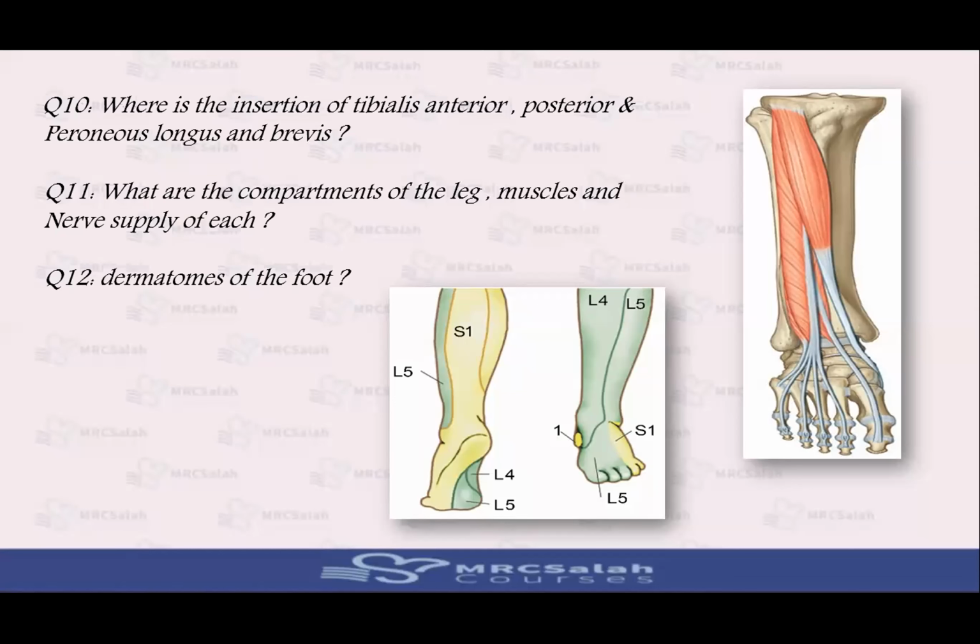In the posterior superficial, gastrocnemius, soleus, and plantaris. For the deep it is extensor digitorum, extensor hallucis, tibialis posterior, and popliteus. Okay.